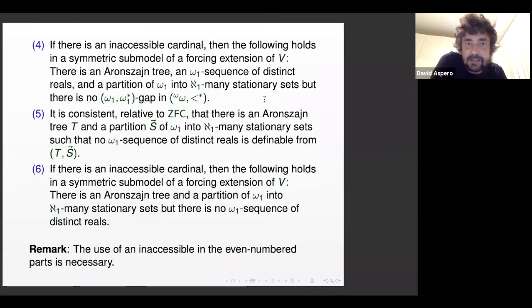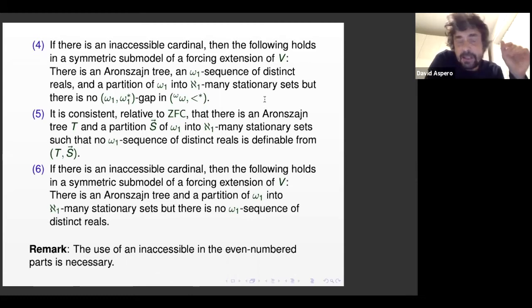And this is the companion result: if there's an accessible kernel, then in some symmetric submodel of the forcing extension you would show that there's an Aronszajn tree, an omega 1 sequence of distinct reals, and a partition of omega 1 into omega 1 many stationary sets, but no gap.